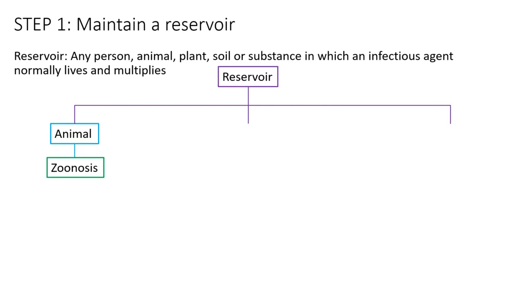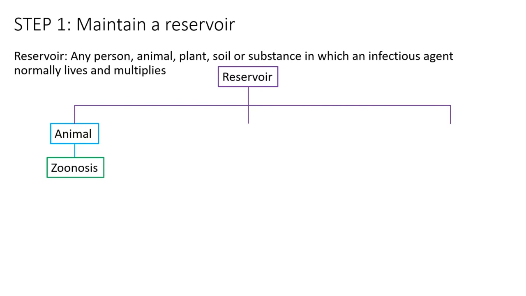Okay, so again, if you hear the term zoonosis, a lot of times that is going to be focusing on those diseases that are transmissible under normal conditions from a vertebrate animal to a human.